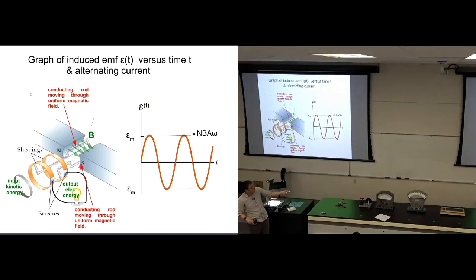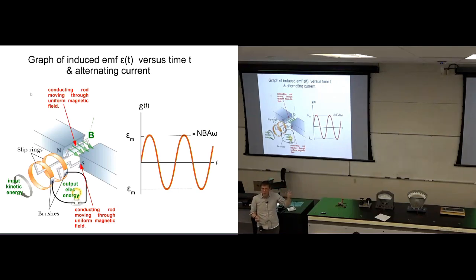The maximum induced EMF is NBA omega. That's where sine omega t is 1. But there are moments when the flux isn't changing and the induced EMF is 0. You can see them here where the curve crosses the horizontal axis. And so the rotational motion generator compared to the horizontal motion generator is different in a number of ways.